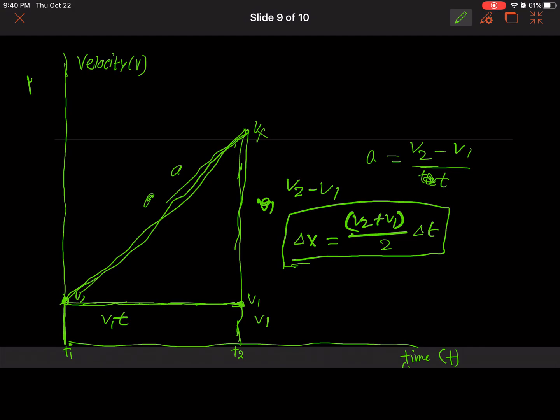Now this. What do we do with this guy? I'll let you think about this for a moment, actually. See if you can figure it out. How would you represent this distance in terms of acceleration?